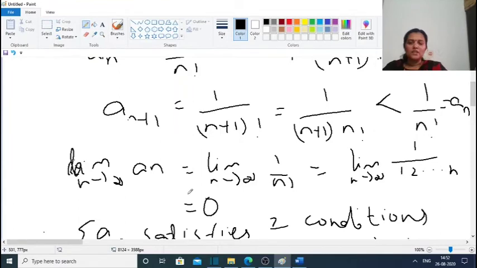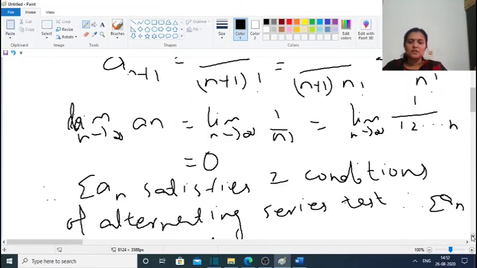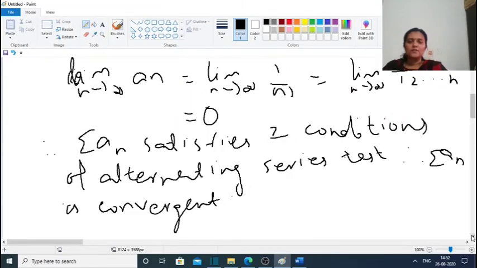And limit n tends to infinity an is equal to limit n tends to infinity 1 by n factorial, which is equal to 1 by 1 into 2 into etc. Limit n tends to infinity, 1 by n term is there, so it is equal to 0. Therefore sigma an satisfies the two conditions of the alternating series test. Therefore sigma an is convergent.